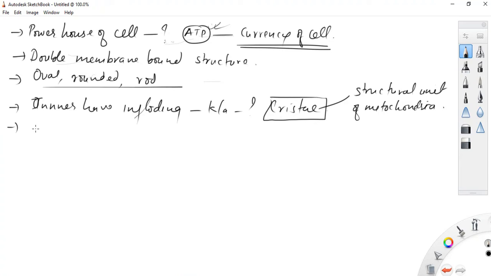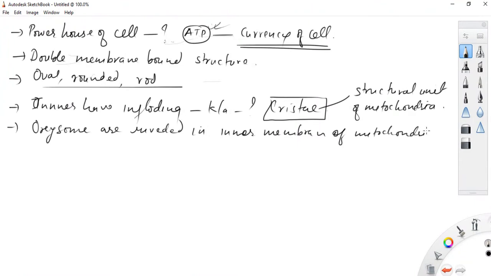And oxysomes are embedded in the inner membrane of mitochondria. They have a head, stalk, and base.